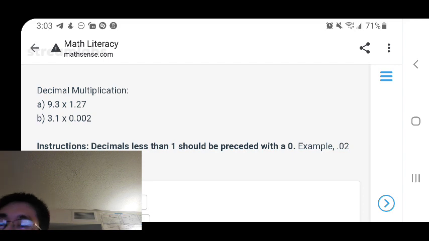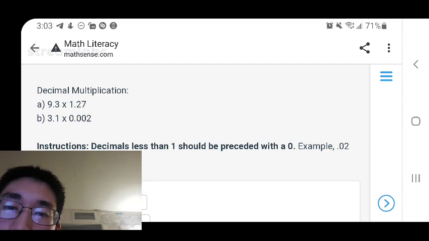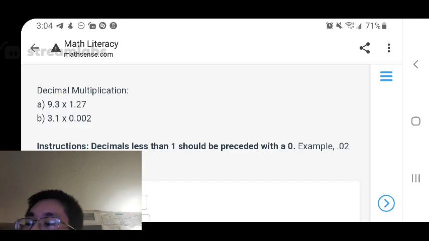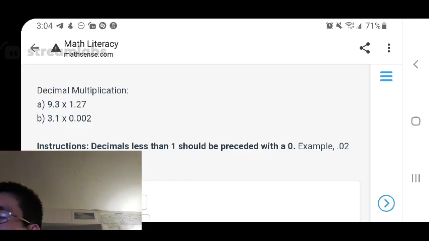It's 4 decimal places because there's 4 or 3. How do you want me to do it? It's just decimals less than 1 should be preceded with a 0. Okay, yeah. Yeah, 9 times 9.3 times 1. And we'll take the first 11.811. That's the first answer.